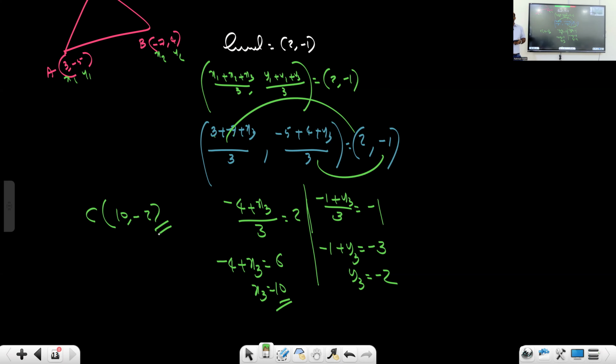Question number 17. Sir, if two adjacent vertices of a parallelogram, please draw the parallelogram.